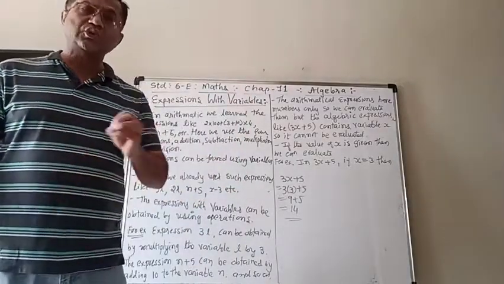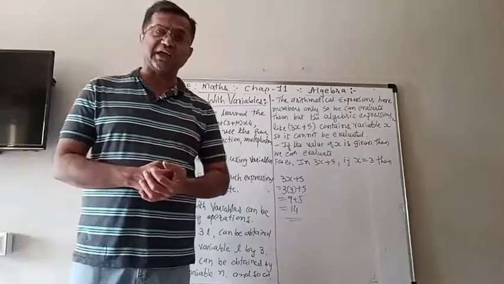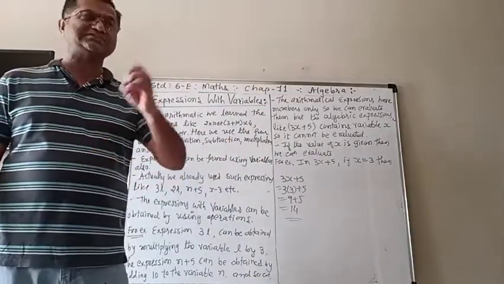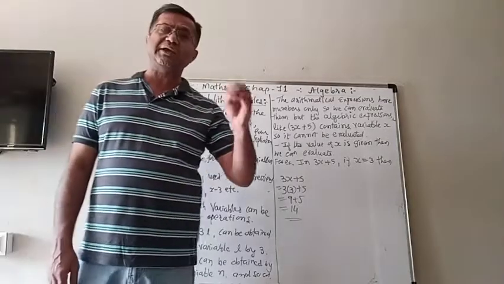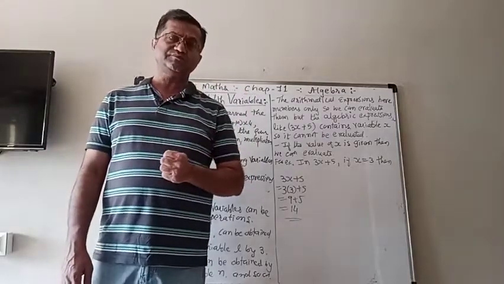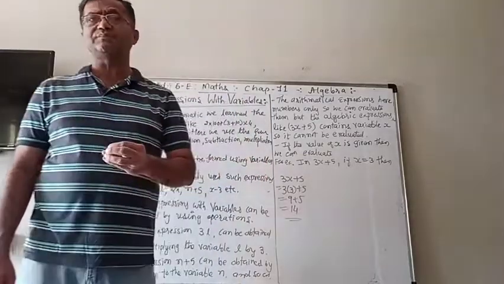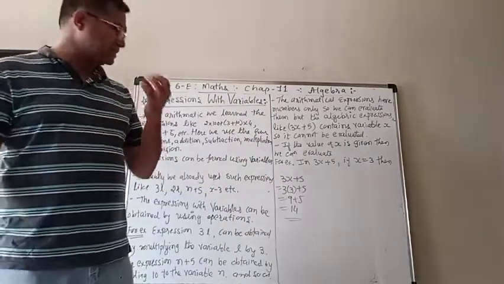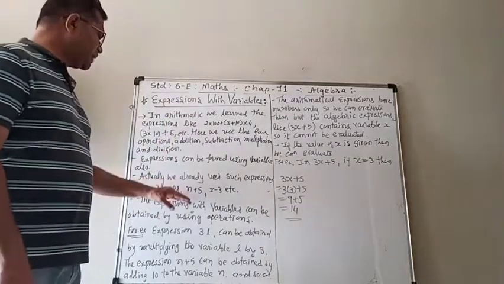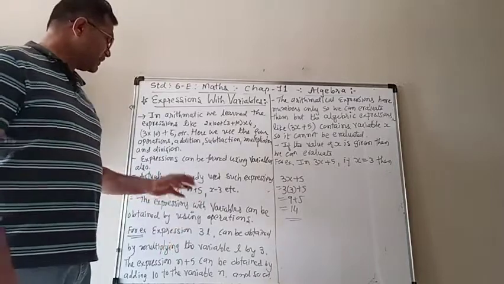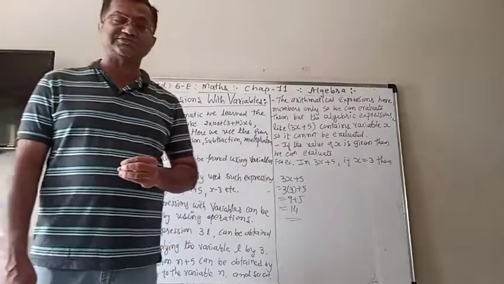So here 2r is actually an algebraic expression. In the equilateral triangle with side L, we saw that its perimeter is 3L. Similarly, in the hexagon we write 6L, etc. So 3n, 6L, 2r, n plus 5, x minus 3, all are algebraic expressions.